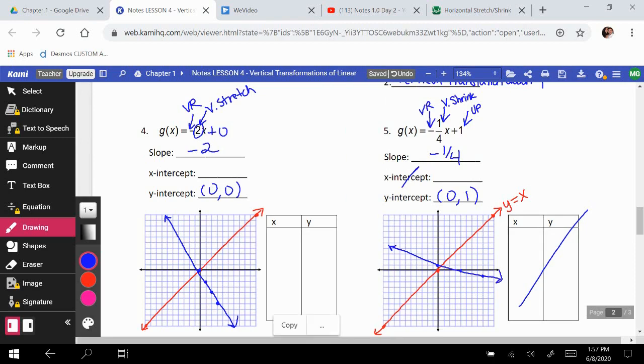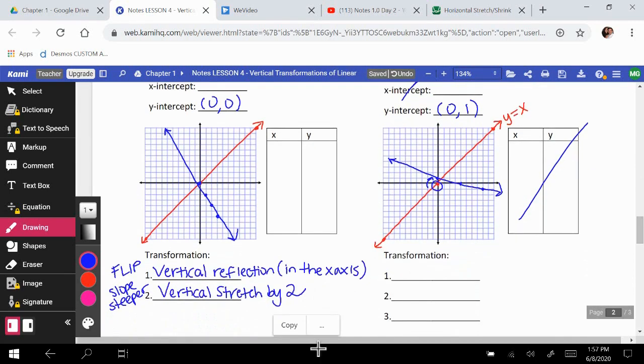Okay, what happened? It flipped. It looks like it flattened out. And it looks like this origin point moved up 1. So 3 things. It flipped, so that's going to be your vertical reflection. You can also write reflection in the x-axis.